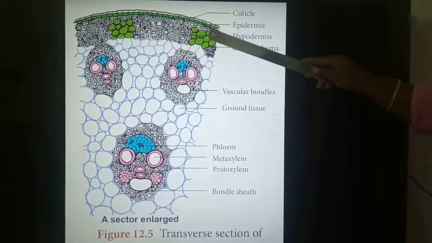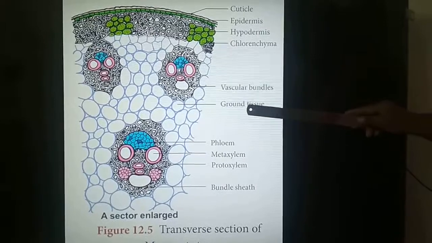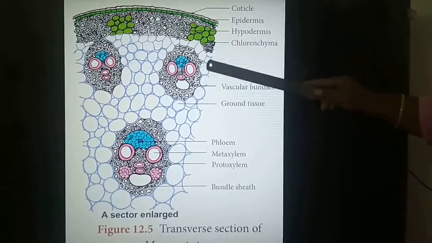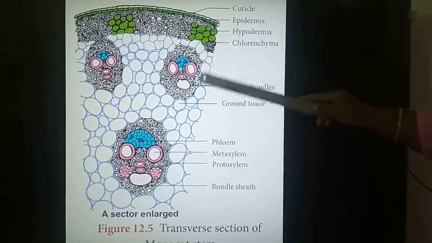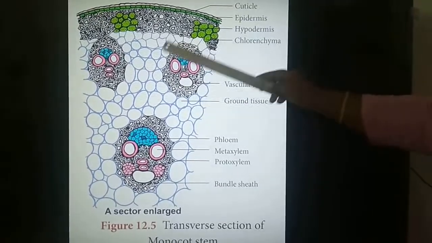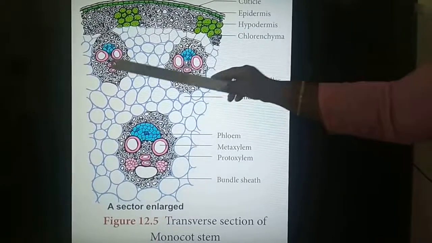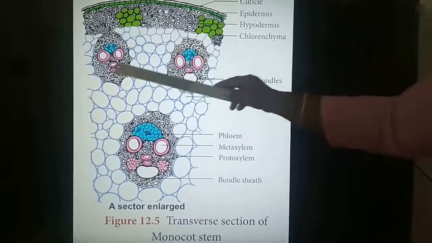This hypodermis is followed by the ground tissue. It is not differentiated into cortex, endodermis, pericycle and pith, so we simply call it ground tissue. In the ground tissue, the vascular bundles are scattered here and there.